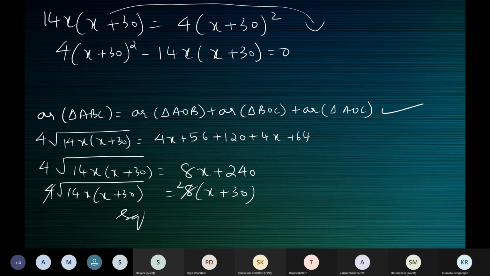You can divide by 2 throughout. See, you should simplify at every point. When simplification is possible, you should simplify and make the equation easier to solve. You can divide by 2 throughout because we have 4 here and 14 here. So that will give you 2 into x plus 30, the whole square, minus 7x into x plus 30 is equal to 0.